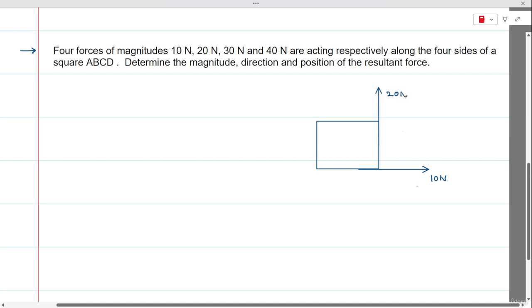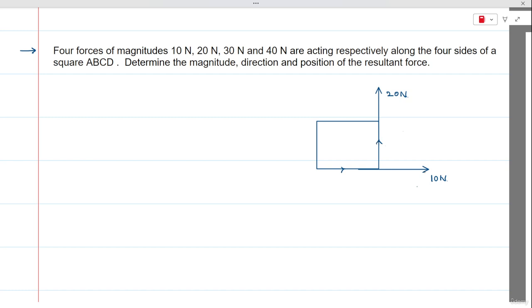So we should be choosing the direction of forces in such a way that by placing these forces over each other, we should be able to form a square.